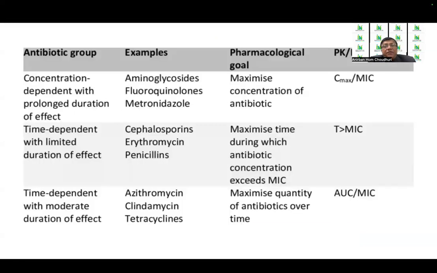By PK, we mean the pharmacokinetics, and by PD, we mean the pharmacodynamics. Pharmacokinetics is what the body does to the drug. Therefore, whenever there is an antibiotic, the action of the body towards this drug can be spelled out under 4 headings, ADME, that is absorption, distribution, metabolism, and excretion.